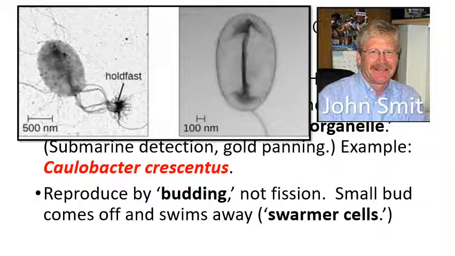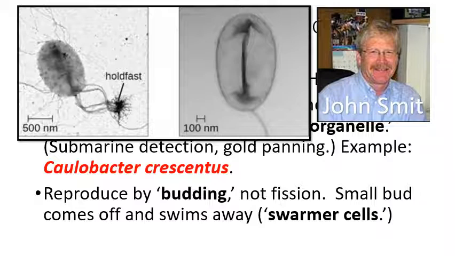One of them is the fact that the holdfast organelle sticks to rocks and surfaces, but it has a very high affinity for metals, which nobody expected. Nobody knows exactly why, but it does. So one of the applications that John is working on is finding ways to separate gold from dirt. We do gold mining here in British Columbia, and one of the tricks is that when you dig the gold out of the ground, you have to find some way to separate the gold from the dirt, and there's a complicated process to do that.